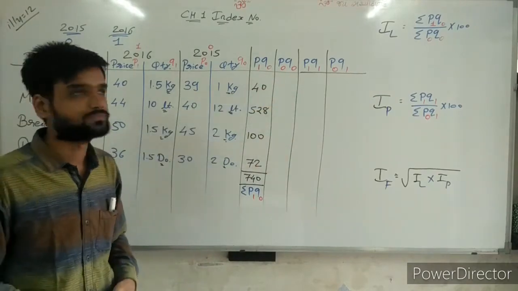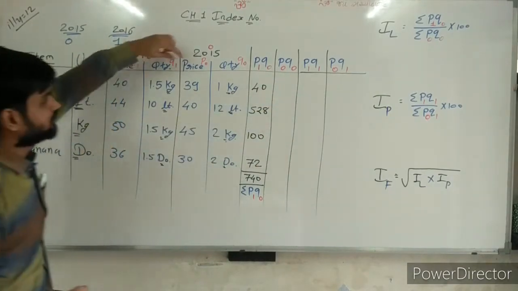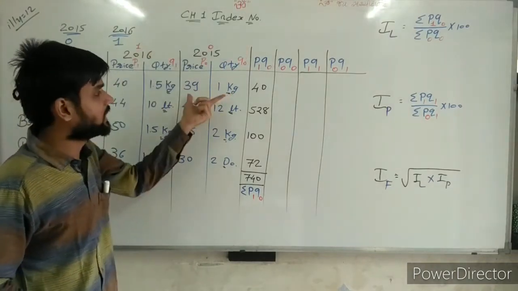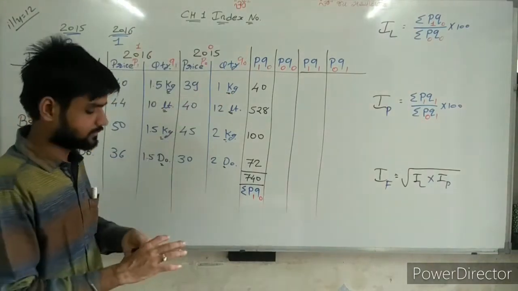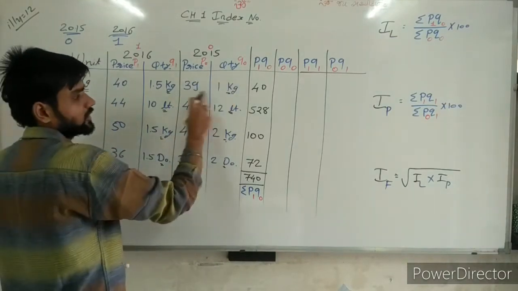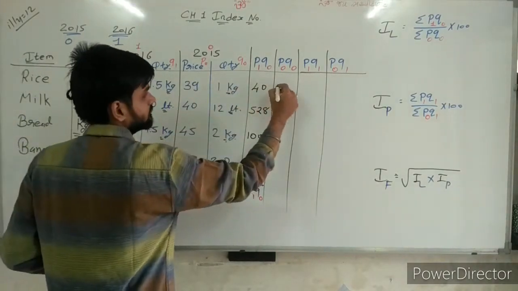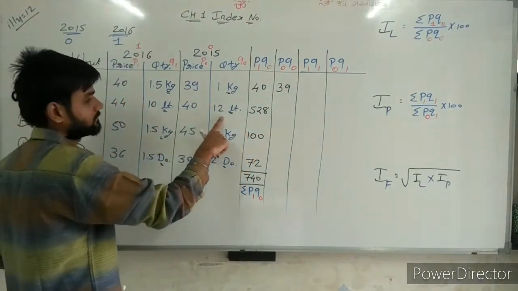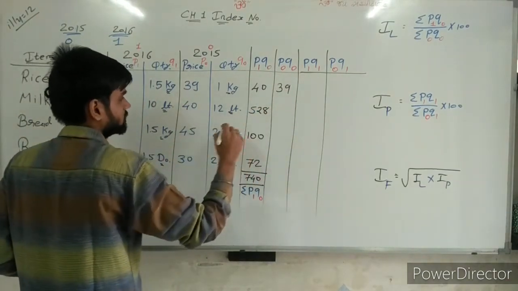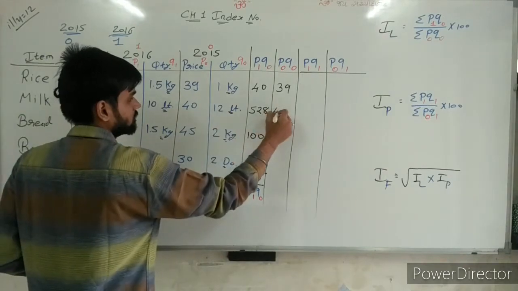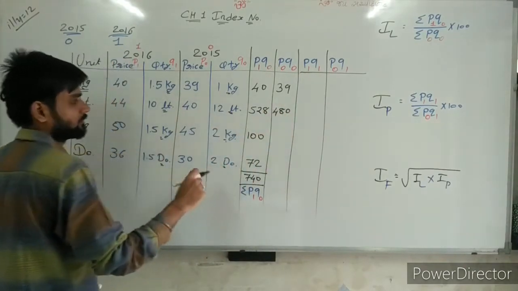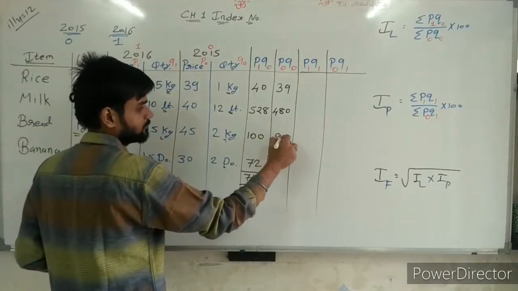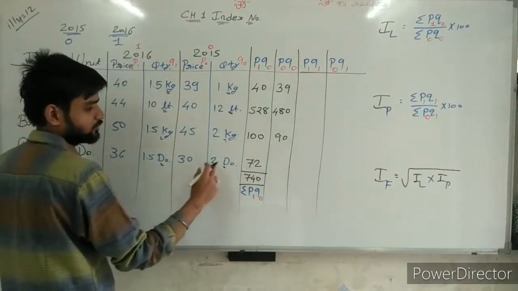P0 Q0. Multiplication of these two, P0 and Q0. 39 into 1, 40 into 12 is 480. 45 into 2, 30 into 2.